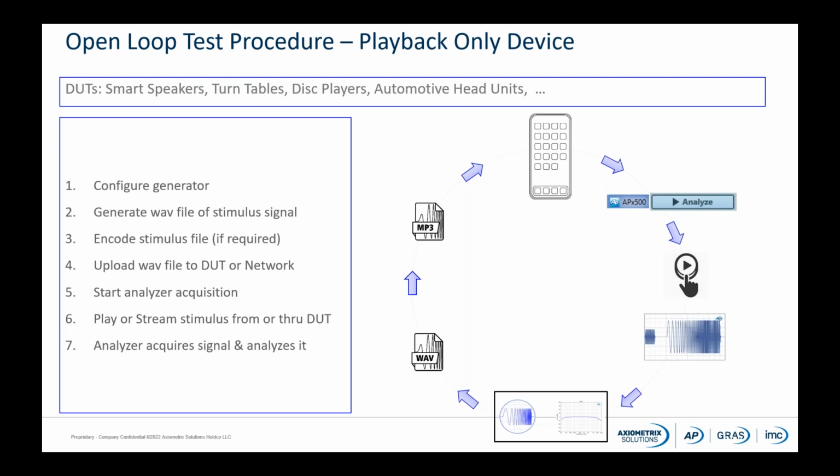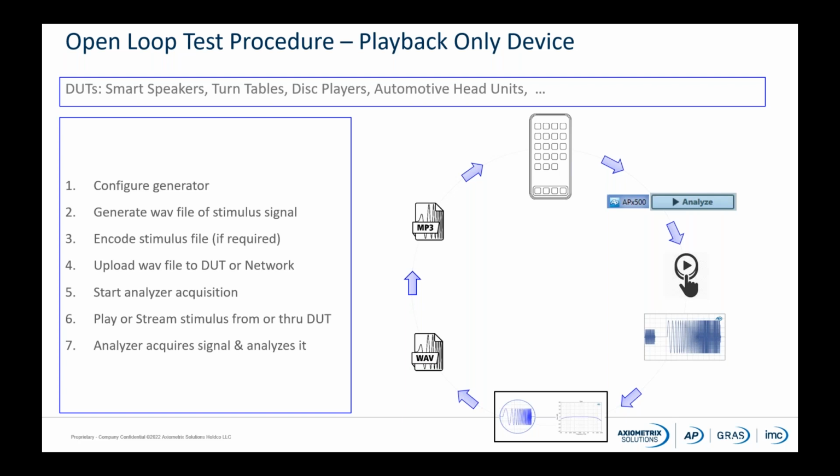Here's the procedure outline for an open loop test of a playback-only device. Step 1 is to configure the generator. Step 2, we generate the stimulus wave file. Step 3, encode the file for the DUT or the network if necessary.